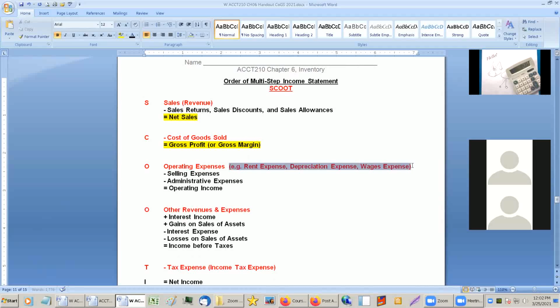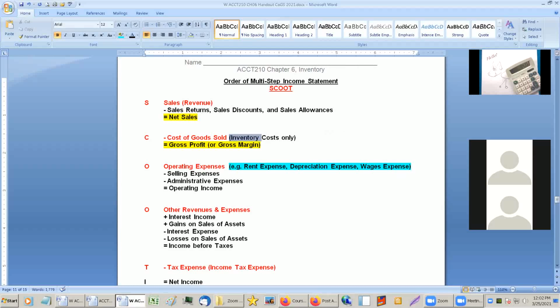Okay, so this up here, this cost of goods sold, this is for inventory costs only.